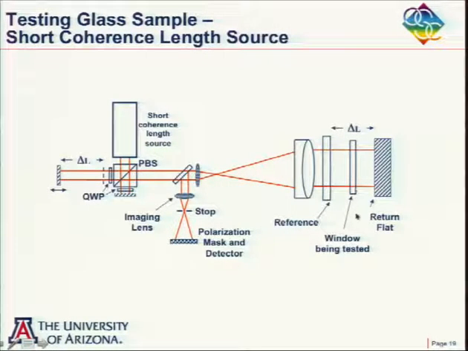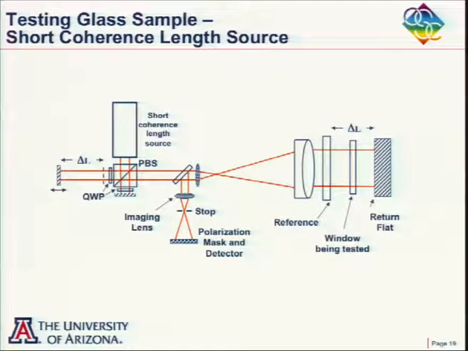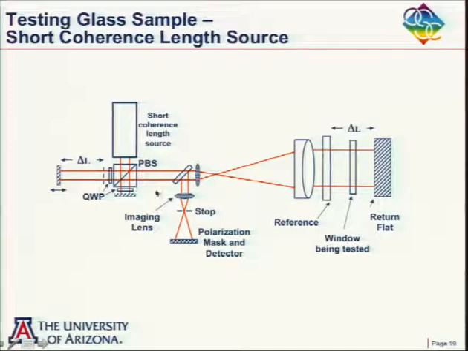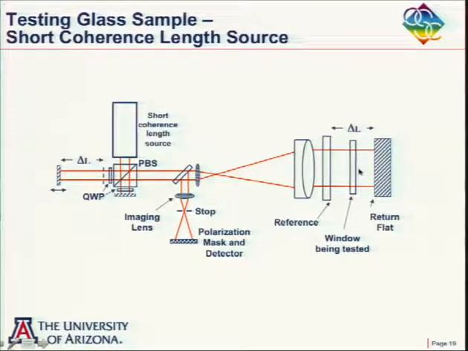And if I now put in my little window there, the same setup as before, even if this is a thin little guy with surfaces almost parallel, reflections will not bother me as long as this is thicker than the coherence length. In fact, I could be very clever here. I can test this in transmission, but I could also vary this path length and look at the interference of the light reflected off the first surface with the light reflected off here, or the light reflected off the second surface with the light reflected there.